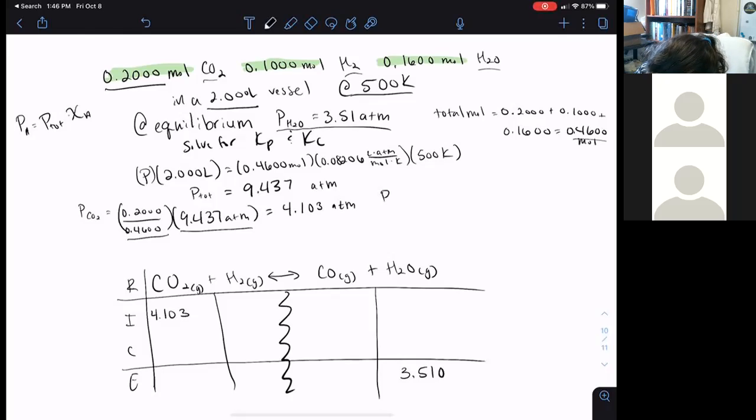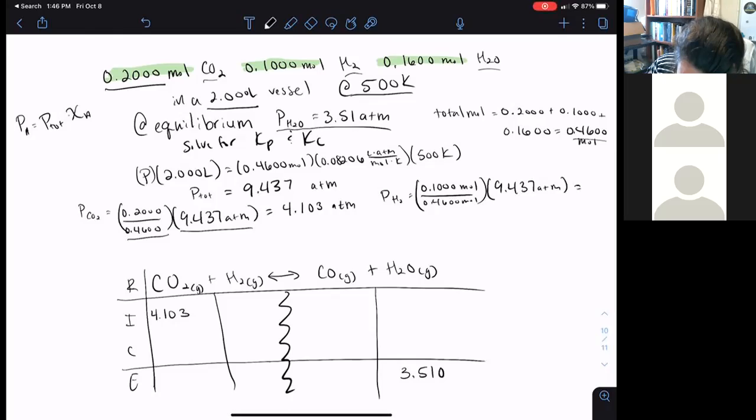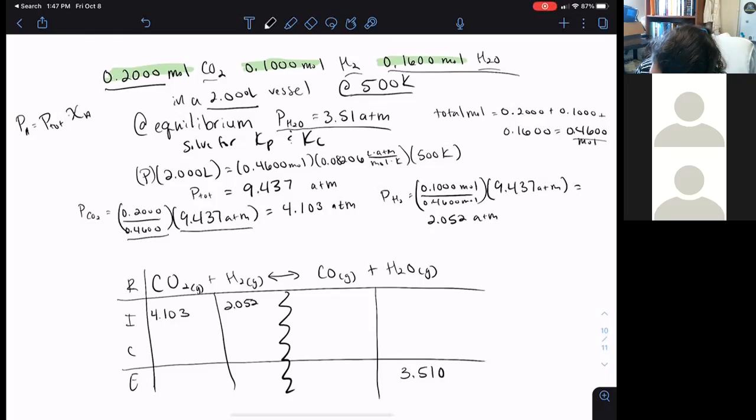And then my partial pressure of H2 will be equal to my mole fraction of H2, so 0.1000 moles divided by 0.4600 moles times my pressure, 9.437 atmospheres, giving me 2.052. This is for H2, 2.052 atmospheres. And then the last one would be my H2O.